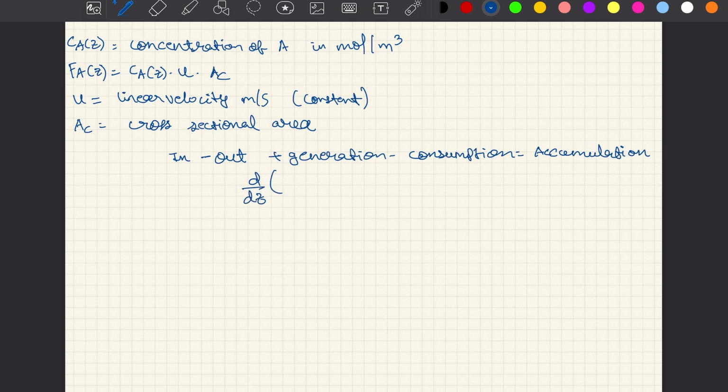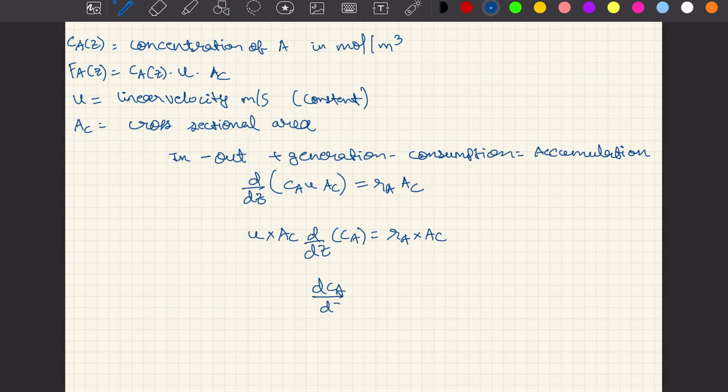Now continuing with the calculation, d by dz of CA into U into AC is equivalent to RA into AC. Since U is constant and AC is constant, we can take them out of the differential. U into AC d by dz of CA is equal to RA into AC.